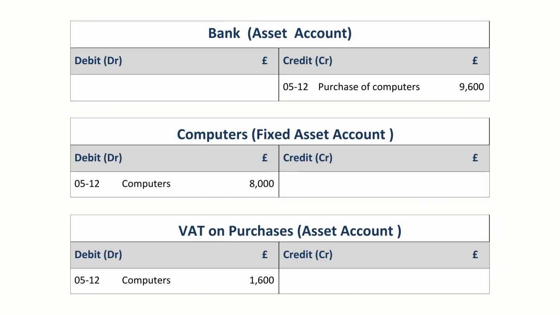Then we buy computers for £9,600, including £1,600 VAT. So, debit computers £8,000, asset account. Debit VAT on purchases £1,600. And credit bank £9,600, asset account.